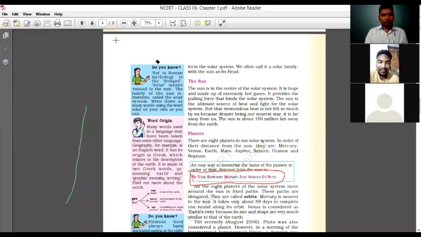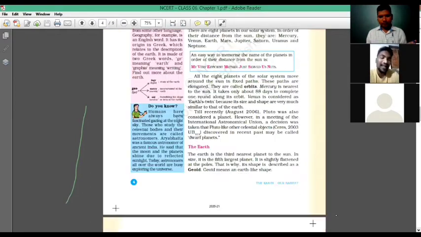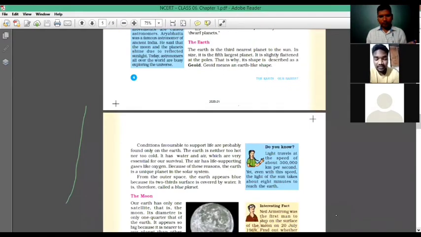And I want to tell you the name of the shape of the Earth. If I ask you what is the shape of the Earth, what would be your answer? That would be geoid. Geoid is the shape of the Earth.